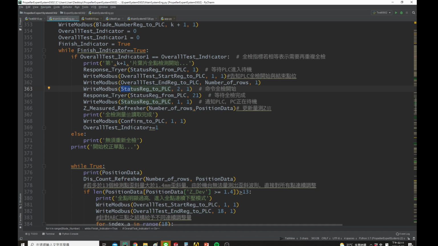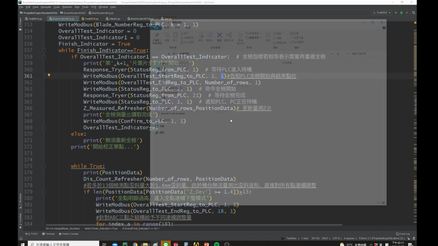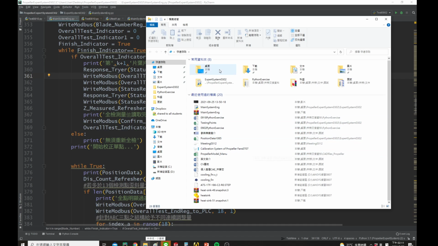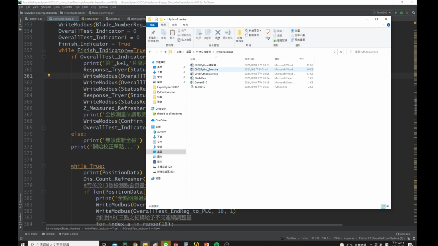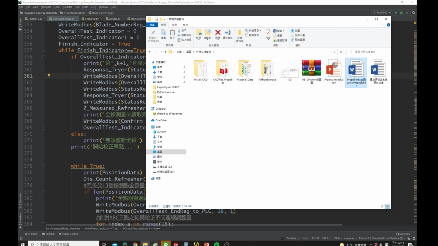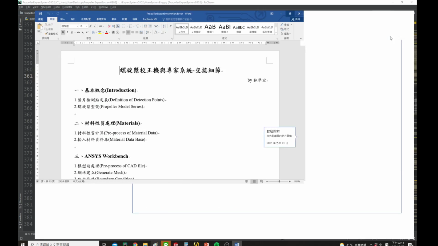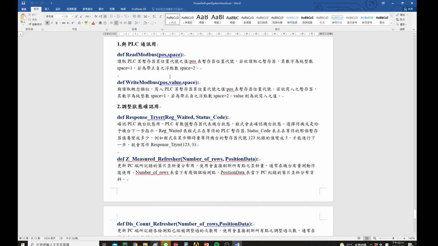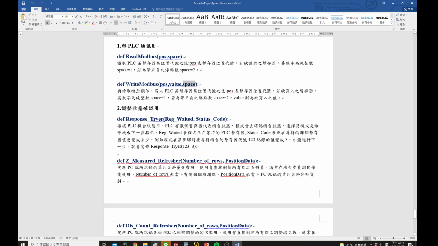What is the 1 and 2? As I just mentioned, in write modbus the last value means the space.